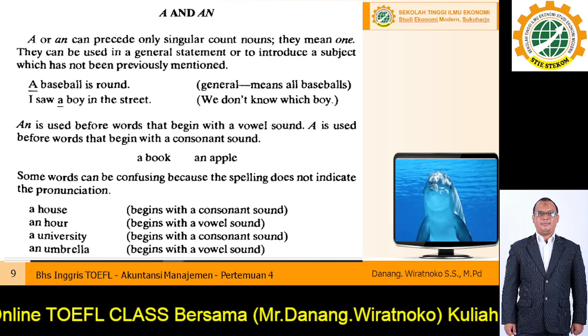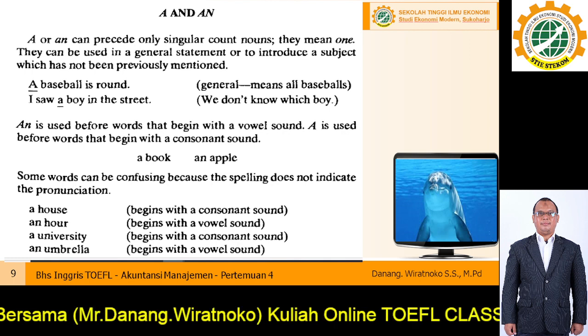Nah, jadi kalau kita ingin menyebutkan dognya itu yang sama, the same dog that was stealing the meat, itu kita nggak boleh pakai kata a, kita harus menggunakan kata the ya. Jadi kalau dalam satu kalimat ada a dua kali, itu maksudnya is a different people atau a different entity ya, a different object ya.